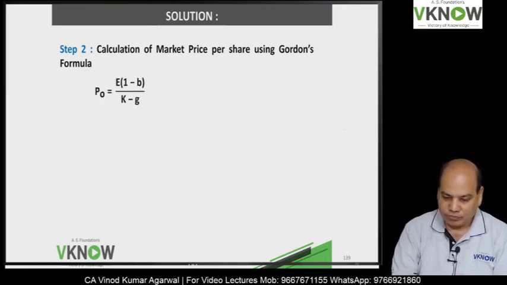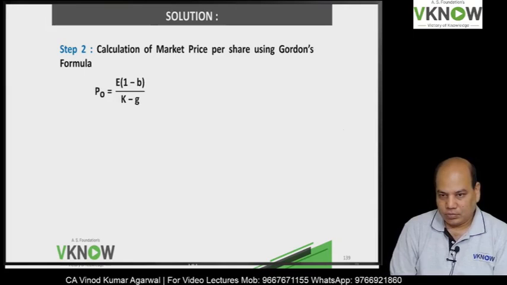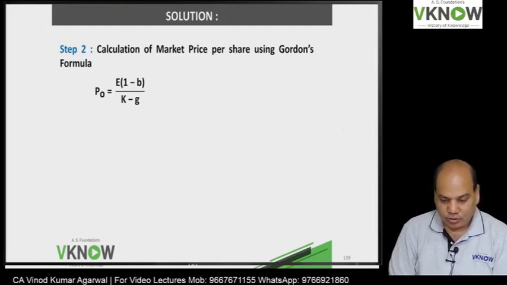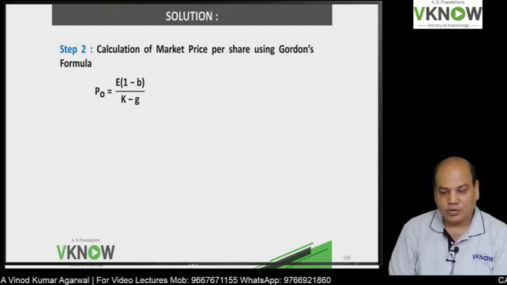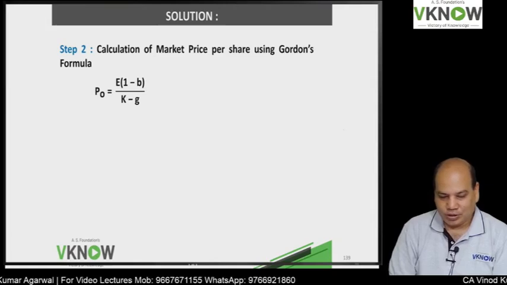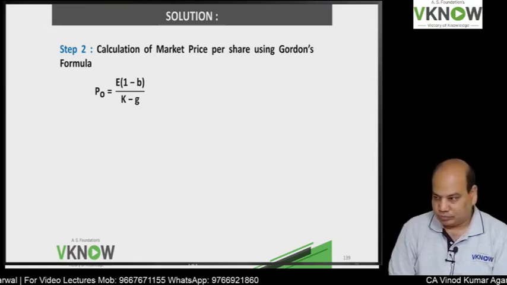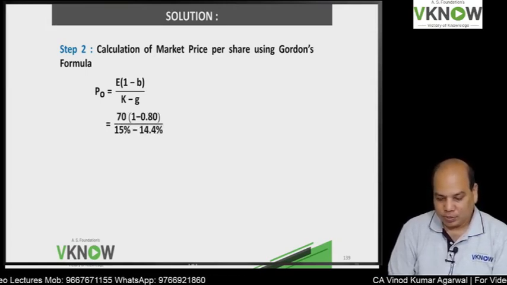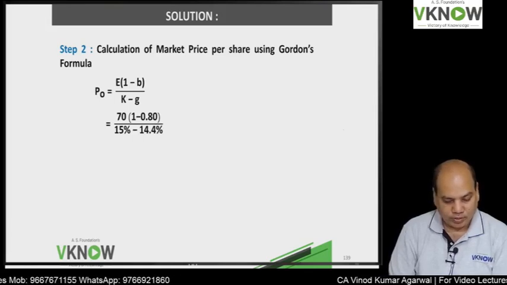Solve. You can use this formula, you can use D1 upon K minus G also. Students have started replying also. Everybody should participate. This will be in your interest also. So apply the formula E into 1 minus B upon K minus G.